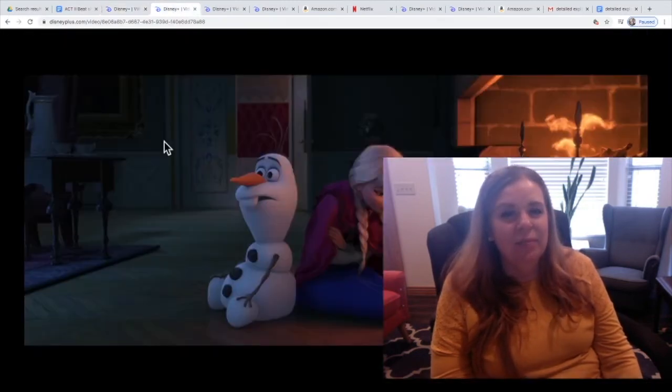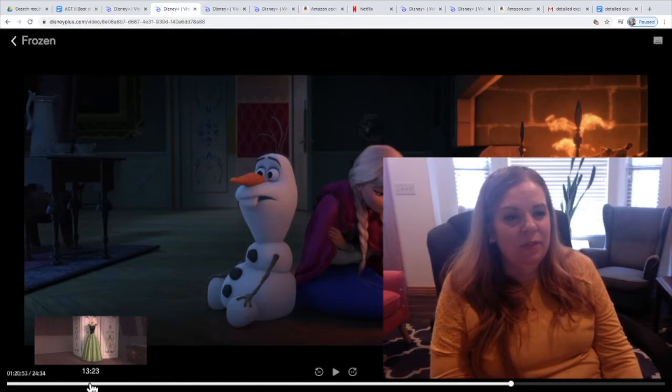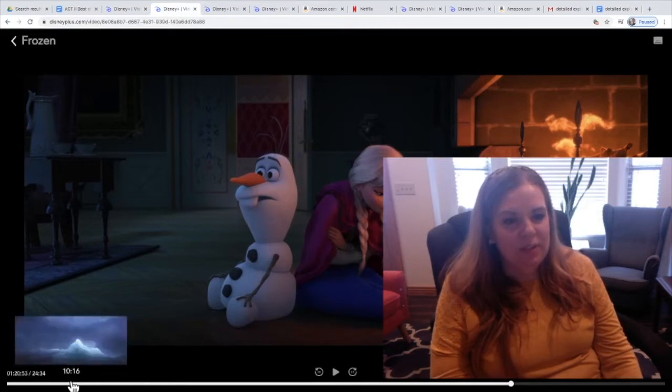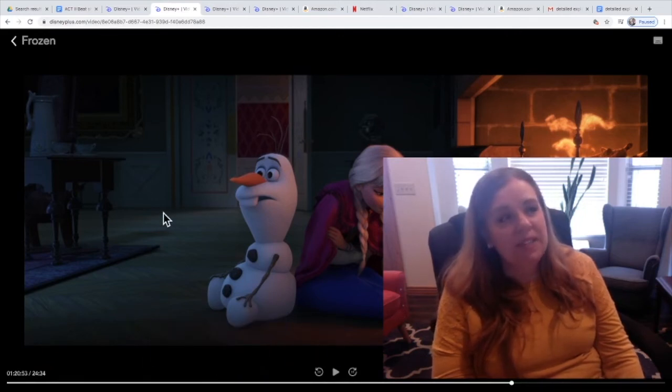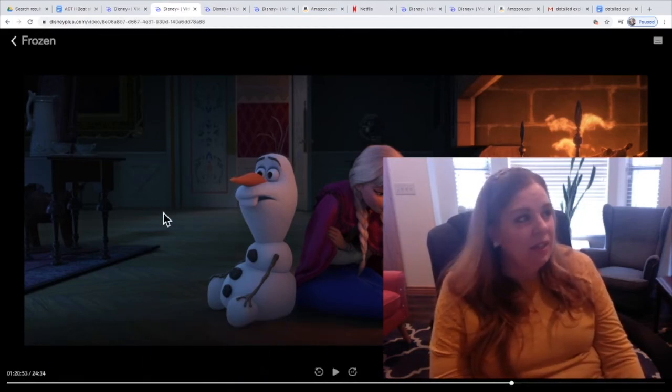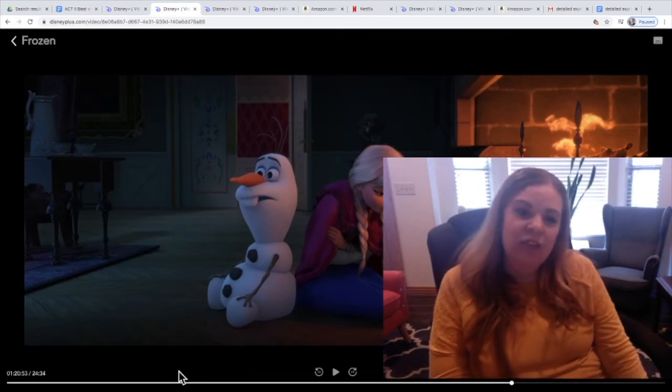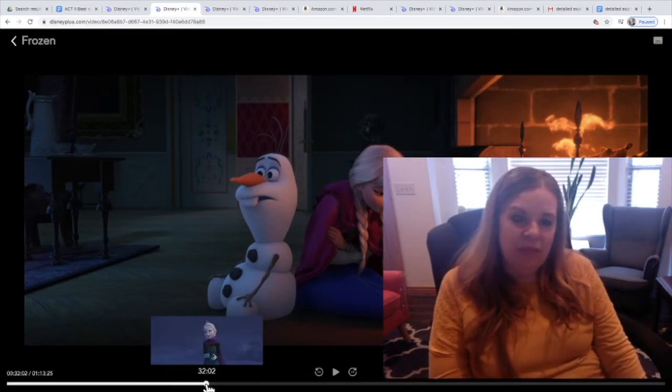Here we go. In Frozen, this is going to be from the time that Anna runs off onto the ice singing Let It Go to the midpoint of the movie. So I'm going to expect to see, yeah, this is where you see Anna and Kristoff's adventure through the ice to find Anna.